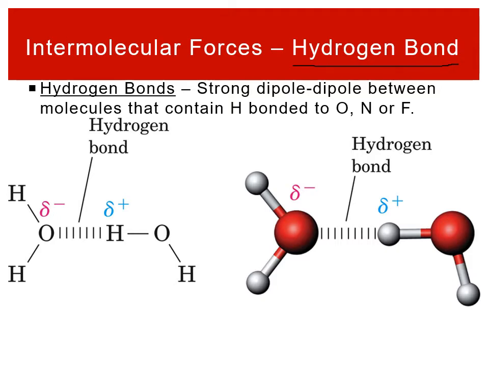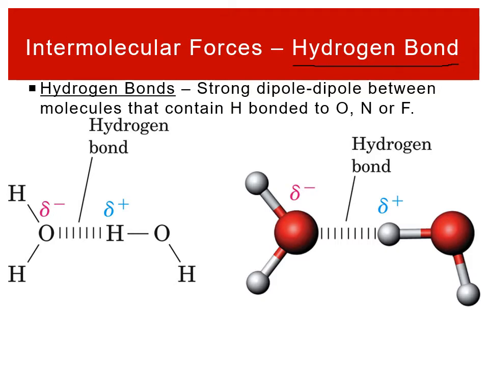So hydrogen bonds are still dipole-dipole, still the interaction of dipoles, but importantly, they're interactions between bond dipoles, not entire molecules anymore. A dipole-dipole interaction was the positive side of the molecule with the negative side of the molecule. Here we're looking at bonds. And so these are water molecules.